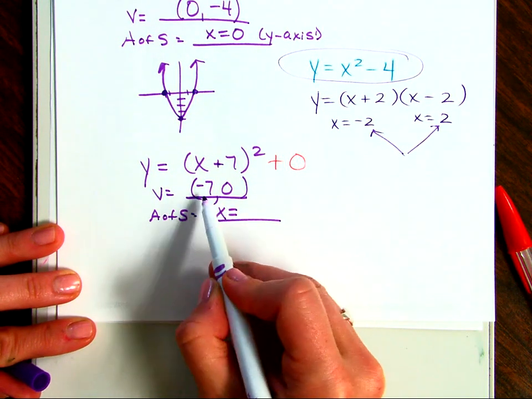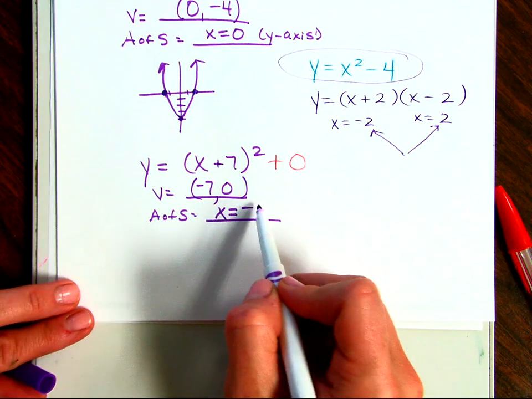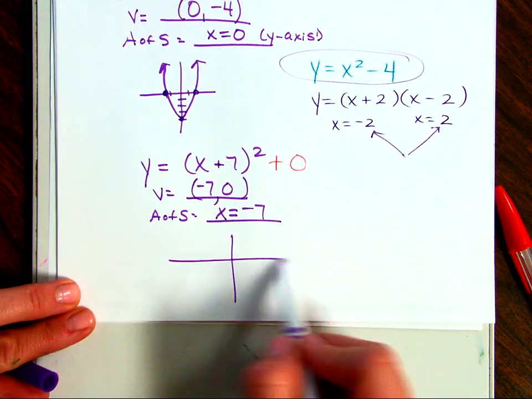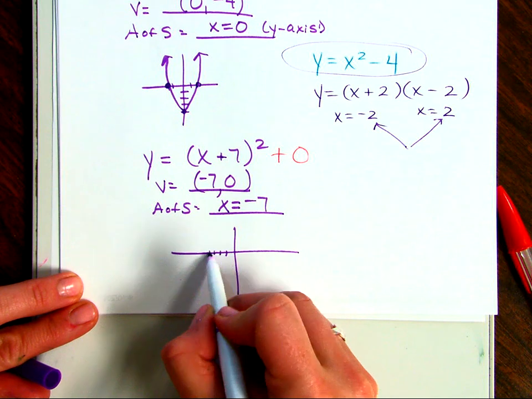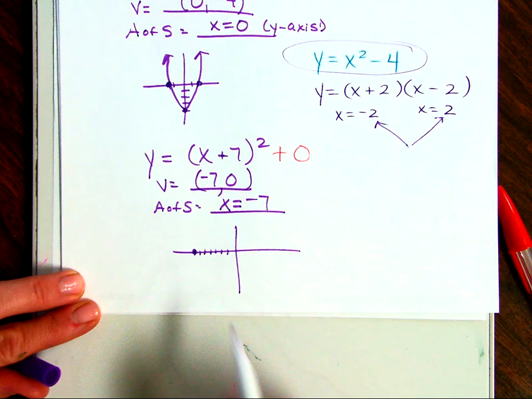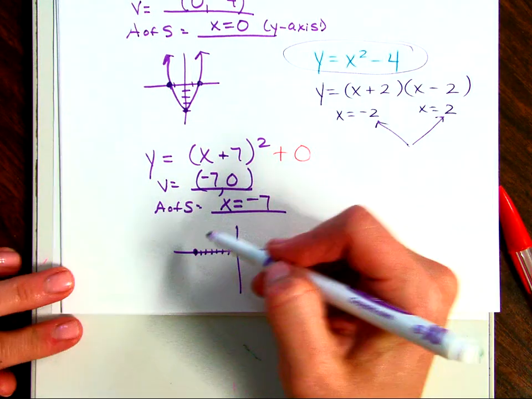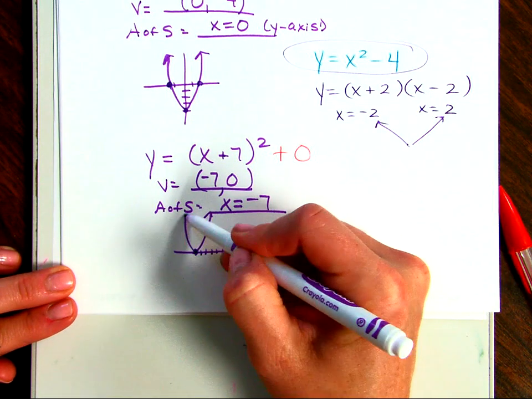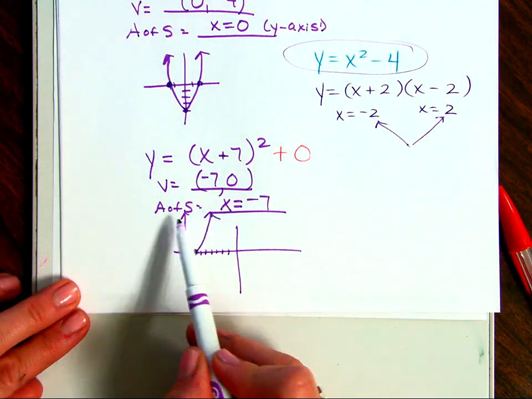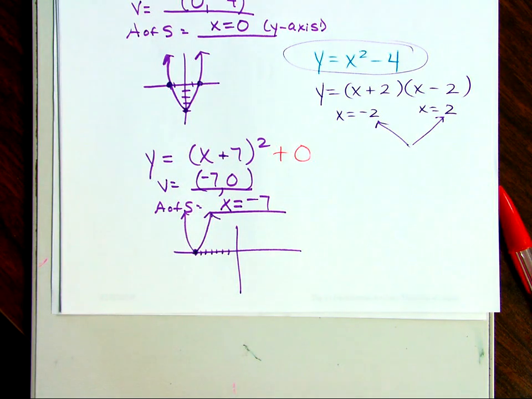Careful. Negative 7, 0. My axis of symmetry is going to be what? X equals negative 7. And my sketch is going to look like this. Negative 7, 0. And that's really all I know.